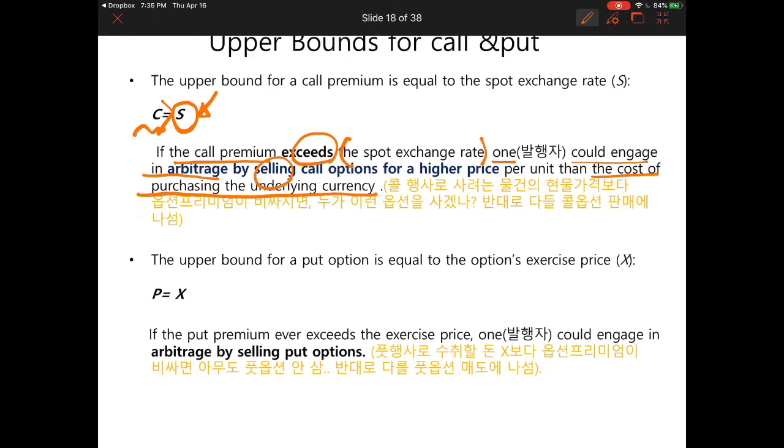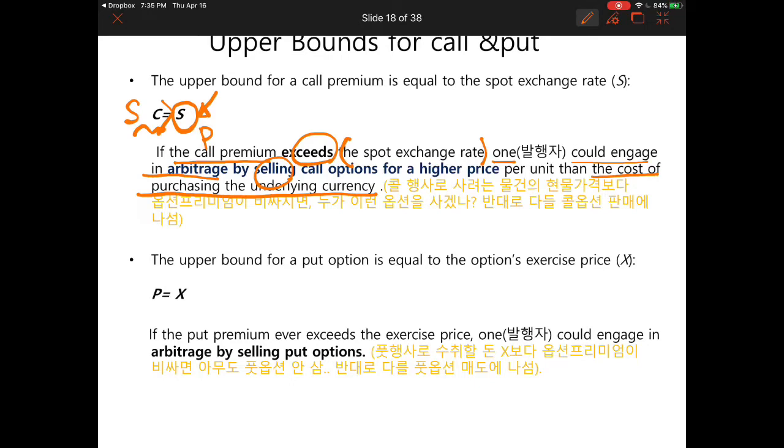So the purchasing price is lower than the selling price. That's the concept of arbitrage. What is arbitrage? I want to make a gain by selling at a higher price than the price I paid for the purchase.